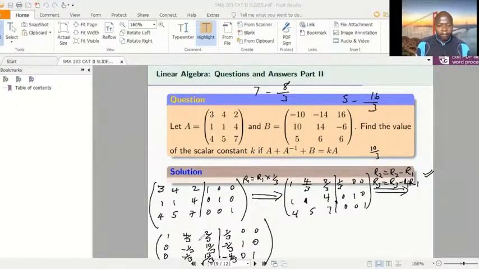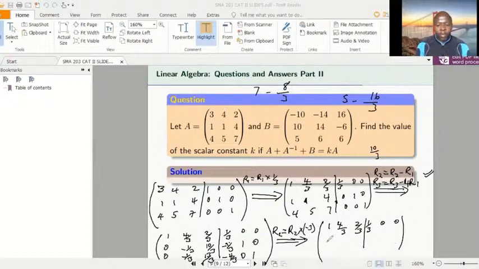Next, I want a 1 here. So what that means is that to get row 2, I need the current row 2 times negative 3. So when that happens, first of all, row 1 is as it is: 1, 4 out of 3, 2 out of 3, a third, 0, 0.